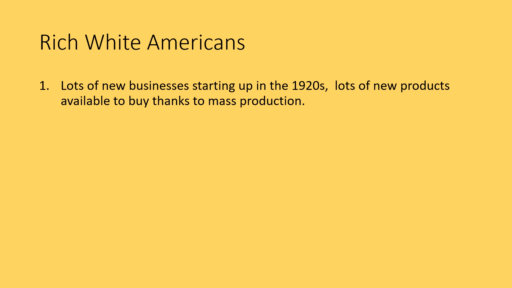Lots more people wanting these new products, a lot more people being able to afford these new products as well, means that we see lots of new businesses starting up, making things like radios, again, always my go-to products, but yeah, radios, vacuum cleaners is another one of my go-to products as well. And we'll talk a little bit later on in this presentation about women as well. And one of the big industries that gets a boost during the 1920s is the beauty industry as well. So lots of new businesses starting up.